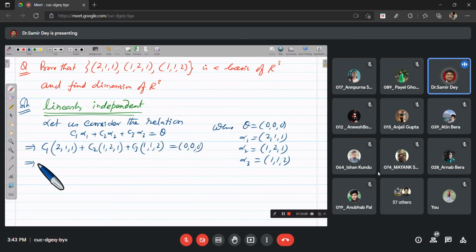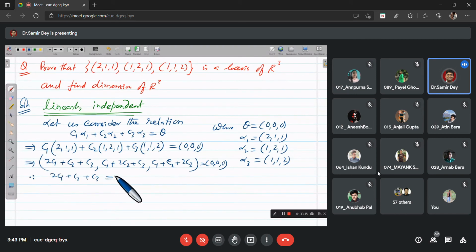So from here we may write (2C1 plus C2 plus C3, C1 plus 2C2 plus C3, C1 plus C2 plus 2C3) is equal to (0,0,0). Therefore we may write 2C1 plus C2 plus C3 is equal to 0.